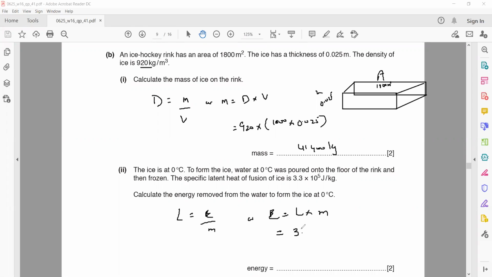The latent heat is given as 3.3 times 10 to the power 5, multiplied by the total mass of the ice, 41,400. You multiply them and you get the energy removed, because here liquid is changing into solid, so energy will be removed, which is 1.4 exponent 10. And because it is energy, that will be in joules.